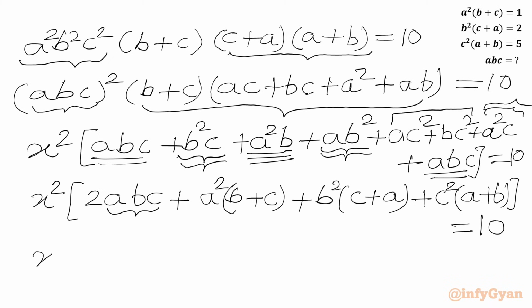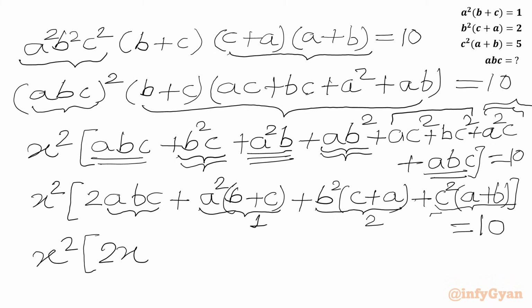Now abc is x. So we can write x square times 2x. This is our equation number 1, value will be 1. This is our equation number 2, value will be 2. This is our equation number 3, value will be 5. So I will write plus 1 plus 2 plus 5 equal to 10.